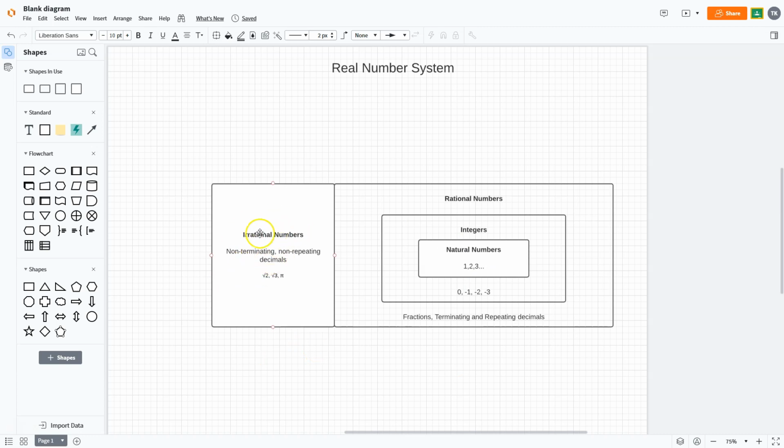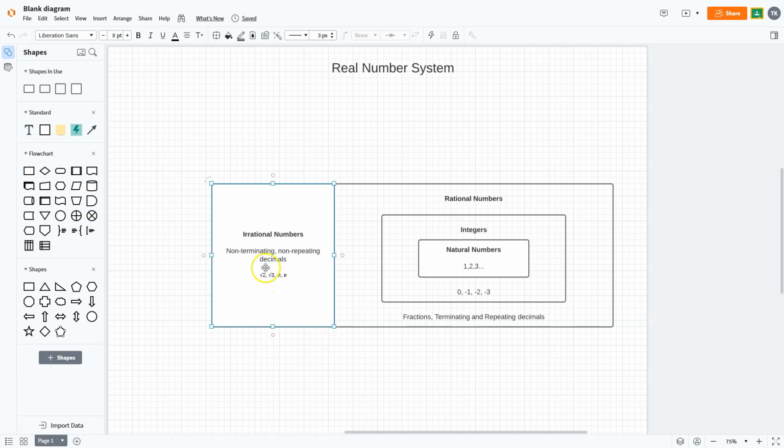These irrational numbers are a big glob of chaos. It's all non-terminating, non-repeating decimals without a lot of rhyme or reason, roots that don't work out evenly. Pi. There's another number called e that we will learn about later.